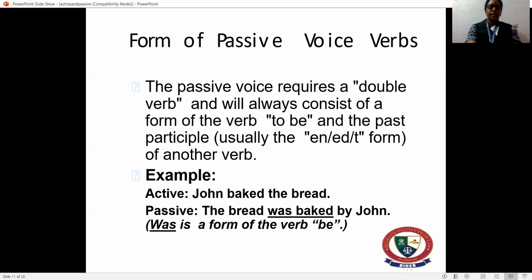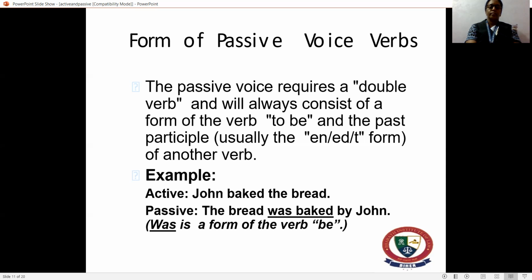For understanding this rule, I have given one example. John baked the bread. This is in the active form. Then we change it to the passive form. We need to use the be form with the V3 form. Bread is the object, which becomes the subject in the passive form.